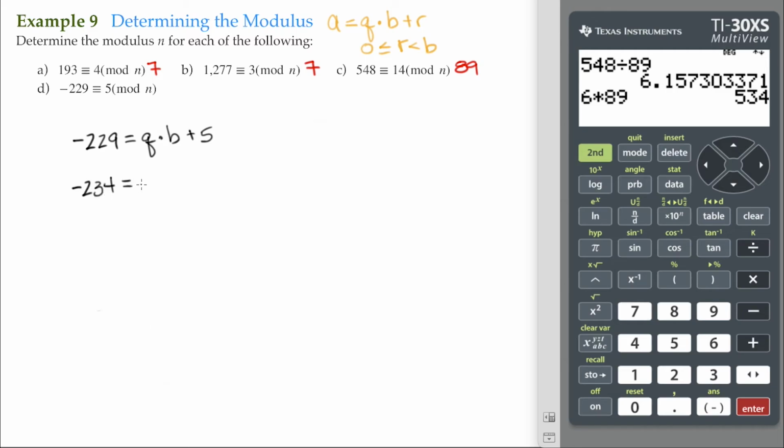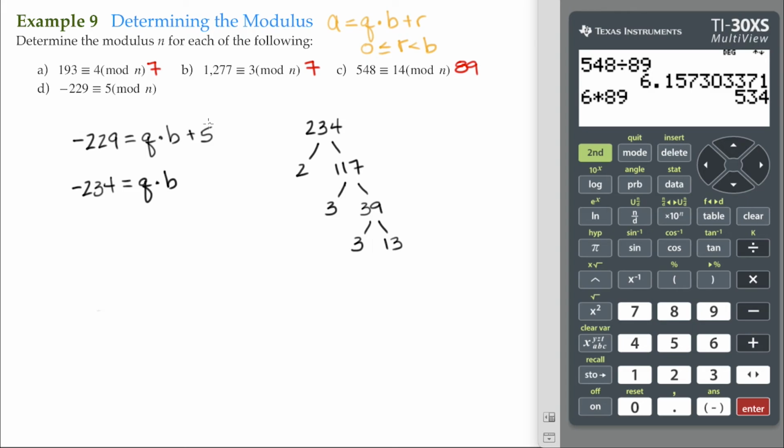That's going to be equal to Q times B. Now we only want to do the prime factorization on the positive result, so we'll do 234. That's 2 times 117. 3 times 39. 3 times 13. And I think we are done.